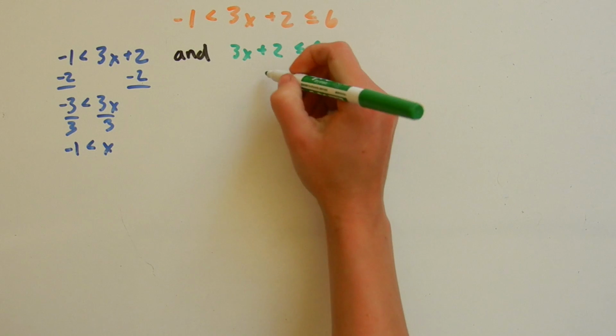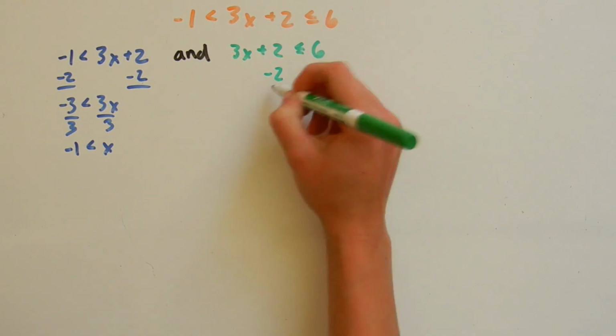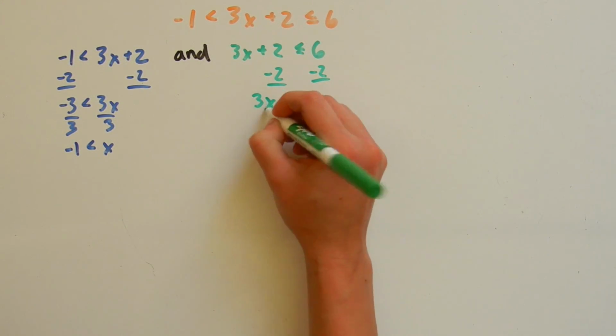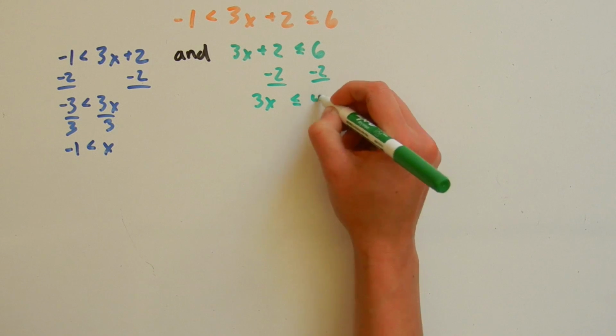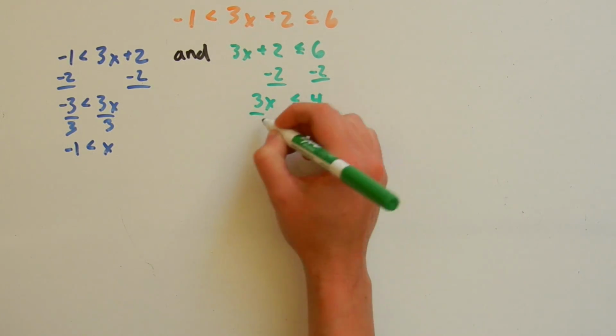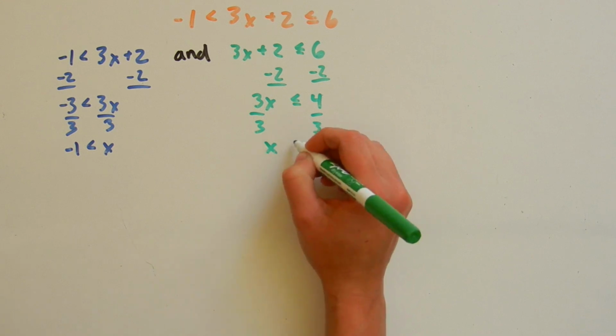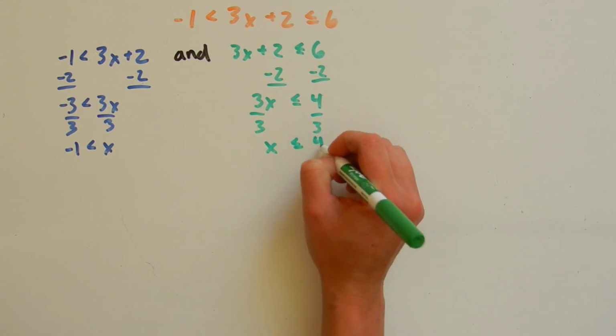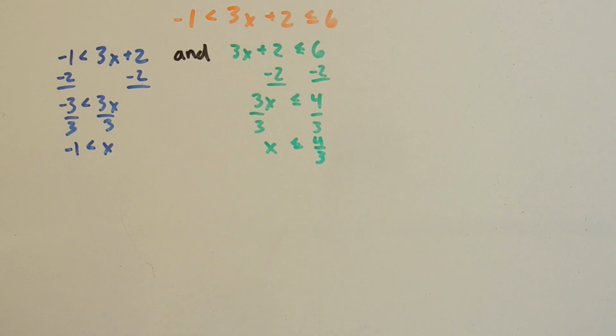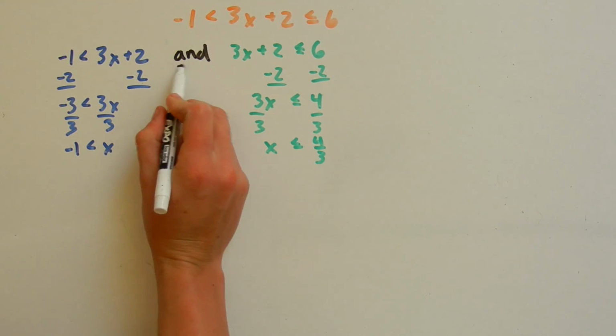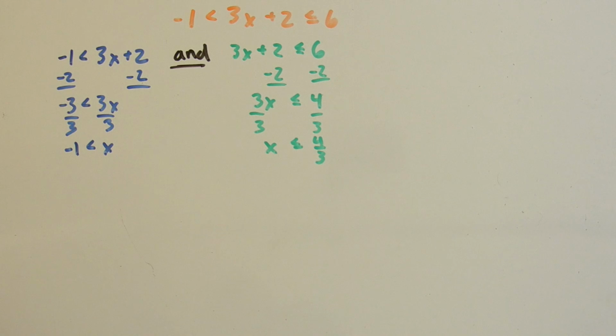Over here, subtract 2 from both sides. 3x is less than or equal to 4. Divide by 3. We have that x is less than or equal to 4/3.